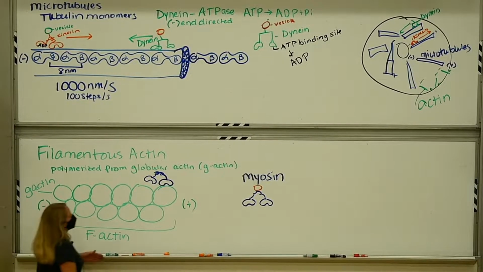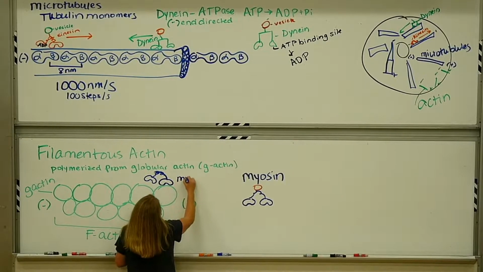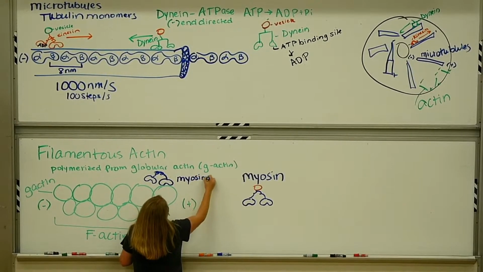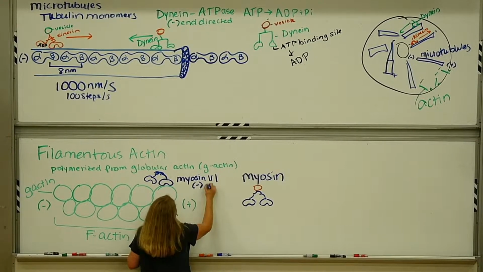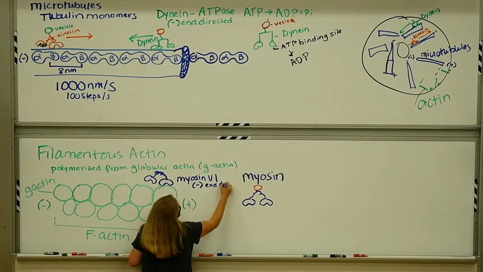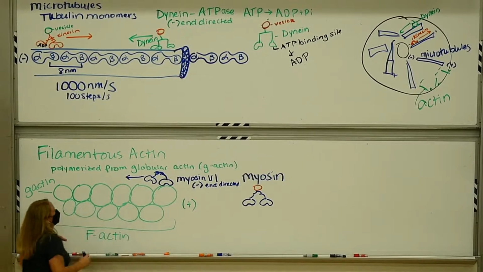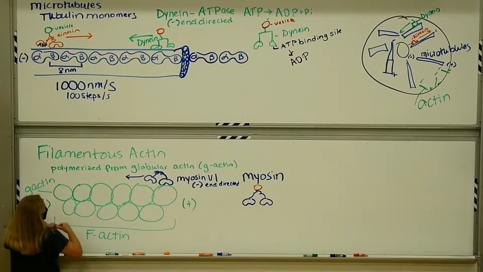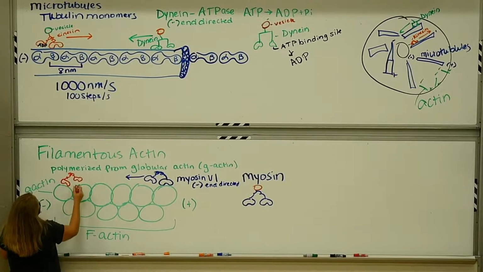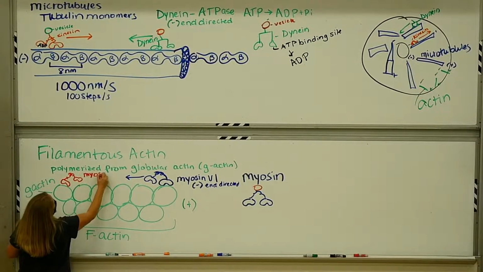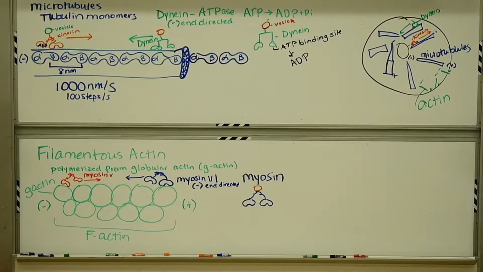Just as an example, we do not expect you to differentiate them, but we'll have myosin 6, which is minus ended, so it can move this way. But then we'll have myosin 5, which can move towards the plus end.